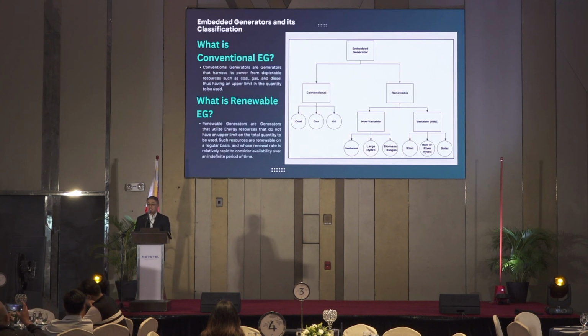So just to give a more fleshed out definition, here is your block diagram describing our embedded generation as well as the different classifications as viewed by Meralco. We have conventional generation, which are those that utilize finite fuels as their power source.